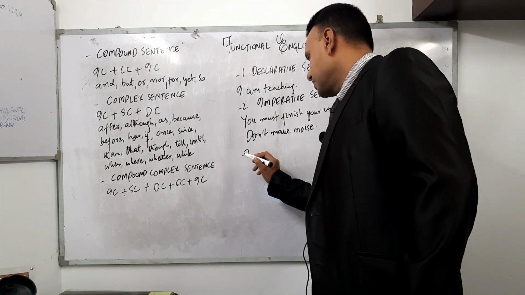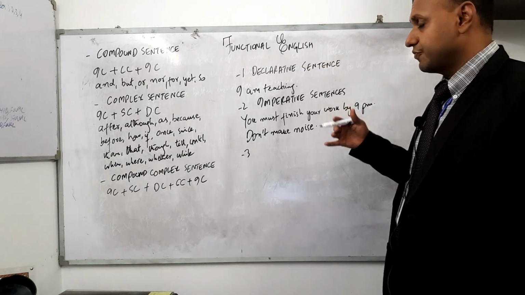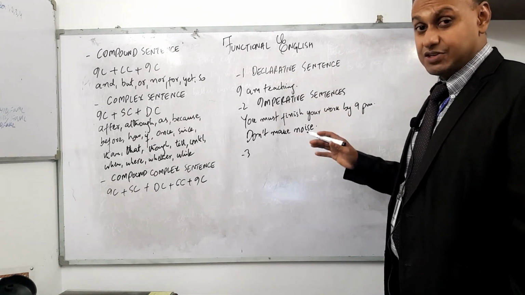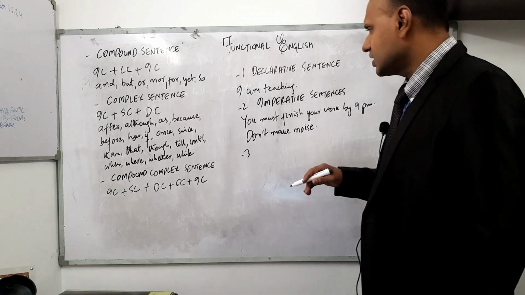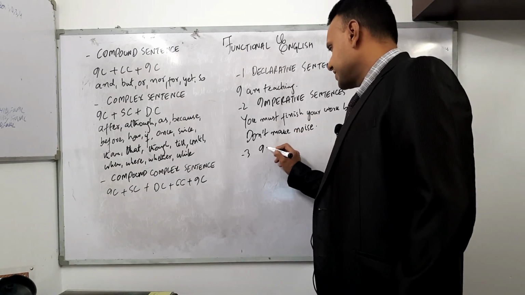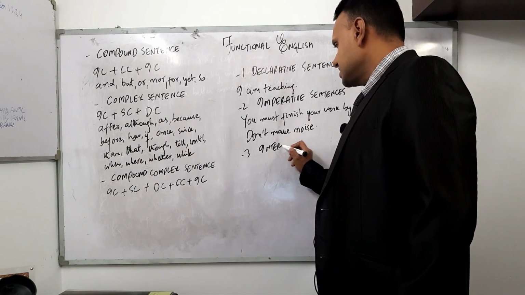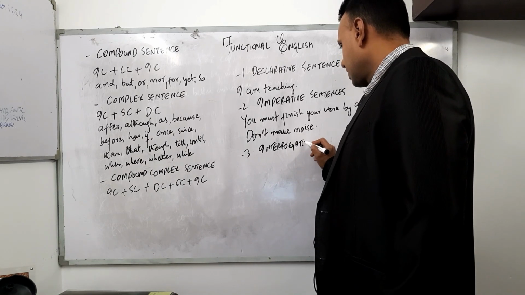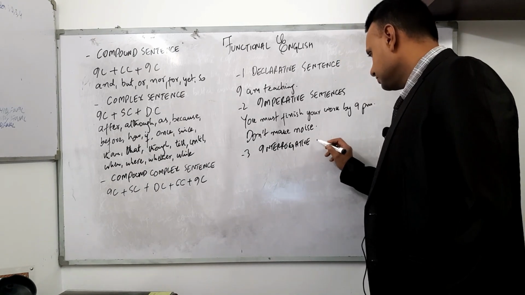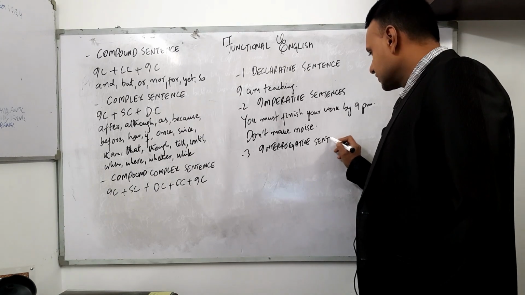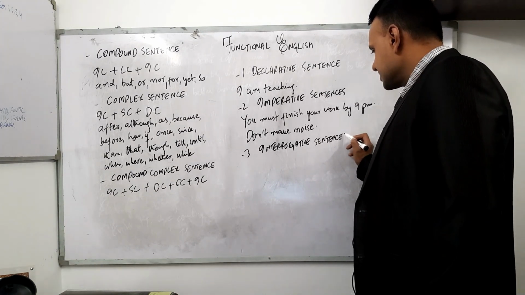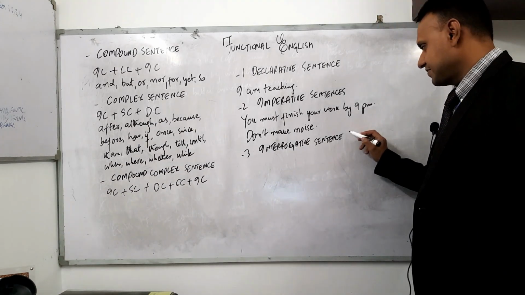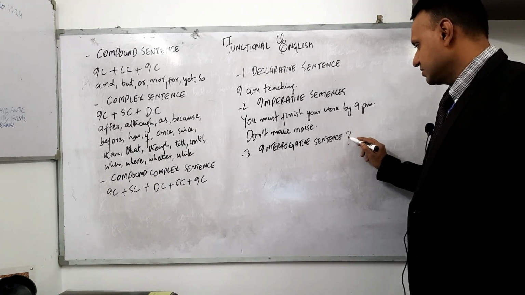If we were to go further, as I'm saying there are four types of sentences as far as the category is concerned. Then we have the interrogative sentence, and that's the easiest one to identify. Okay, so when we discuss an interrogative sentence, there's a question, so it is identified by a question mark at the end.